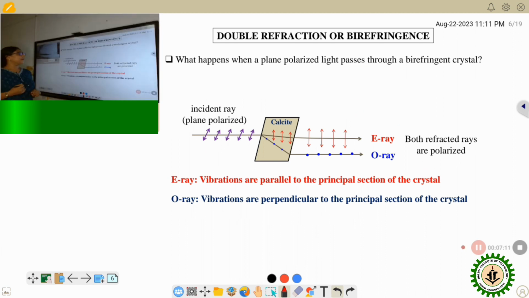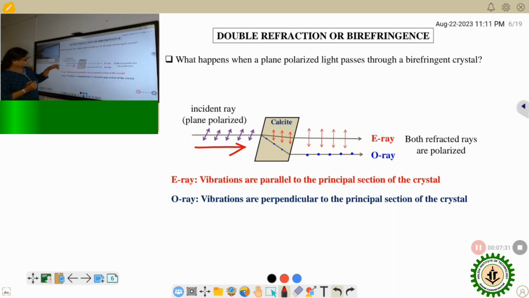Now, what happens if a plane polarized light passes through such birefringent crystals? Will birefringence take place? The answer is yes. Here you can see a plane polarized light falls on a calcite crystal.